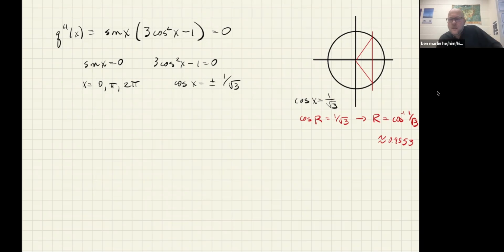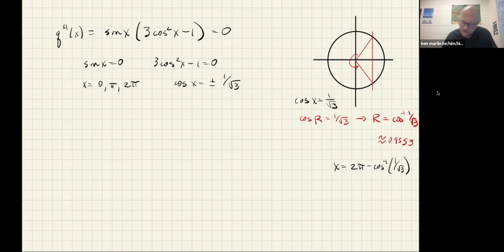All right, so that value there, and then the other value that we would have would go down, and I did not mean for it to do that. The other value here would not be in the first quadrant, but that would be the only thing that the inverse cosine would give you. So the other value that we're going to think about there is going to be x equals 2 pi minus that inverse cosine of 1 over root 3. Okay, so that's the two values that we'll think about from that.